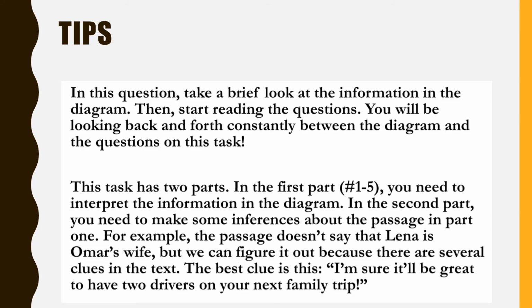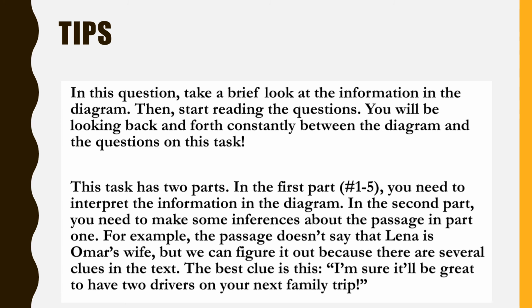And yes, the tips for these types of questions. In this question, take a brief look at the information in the diagram, then start reading the questions. You will be looking back and forth constantly between the diagram and the question on this task. This task has two parts. In the first part, questions 1 to 5, you need to interpret the information in the diagram. In the second part, you need to make some inferences about the passage in part 1.